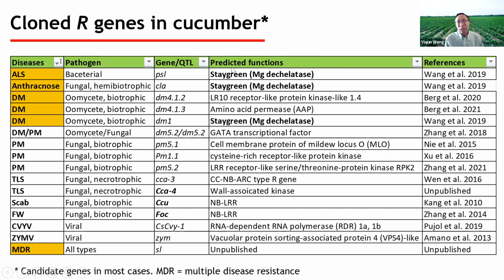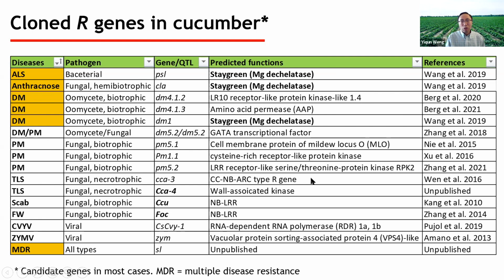This column shows some of the functions; 3 of them are the staggering gene, which contributes to resistance across 3 pathogens. And for downy mildew, you can see all 3 cloned resistance genes are different. There are 4 genes for powdery mildew, which people are probably more familiar with, like the kinase or MLO genes.